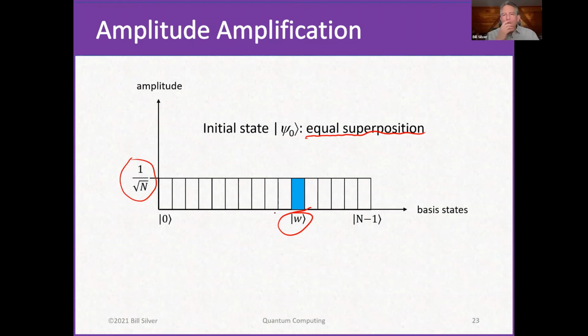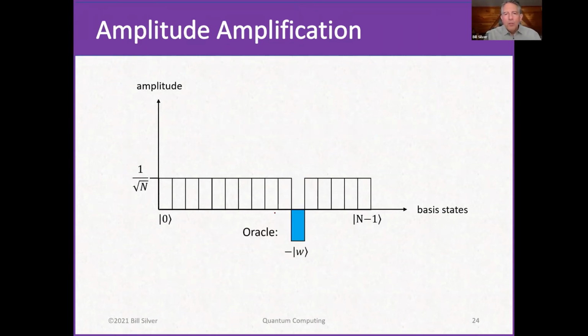The first thing that the algorithm is going to do is use phase kickback with the quantum oracle to select or to mark that winning state by adding 180 degrees or pi radians worth of phase, which, again, phase of pi radians by Euler's formula is the same thing as a negative amplitude.